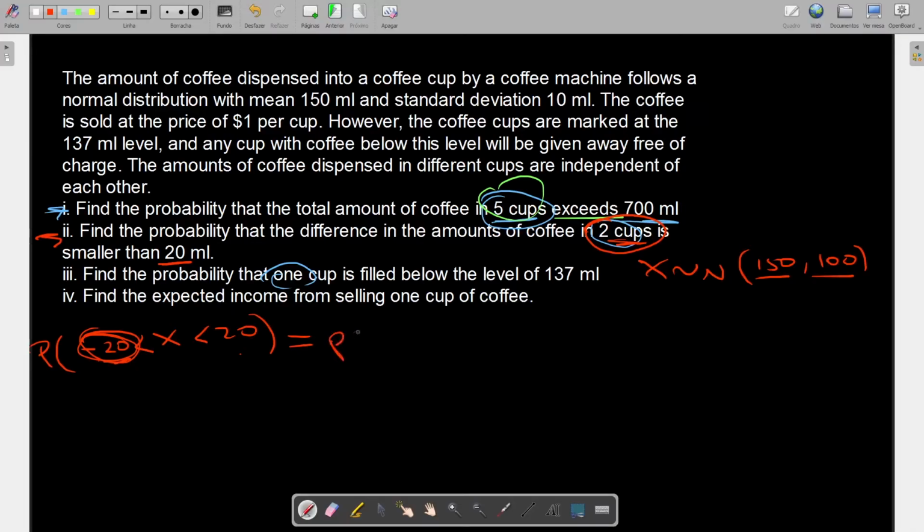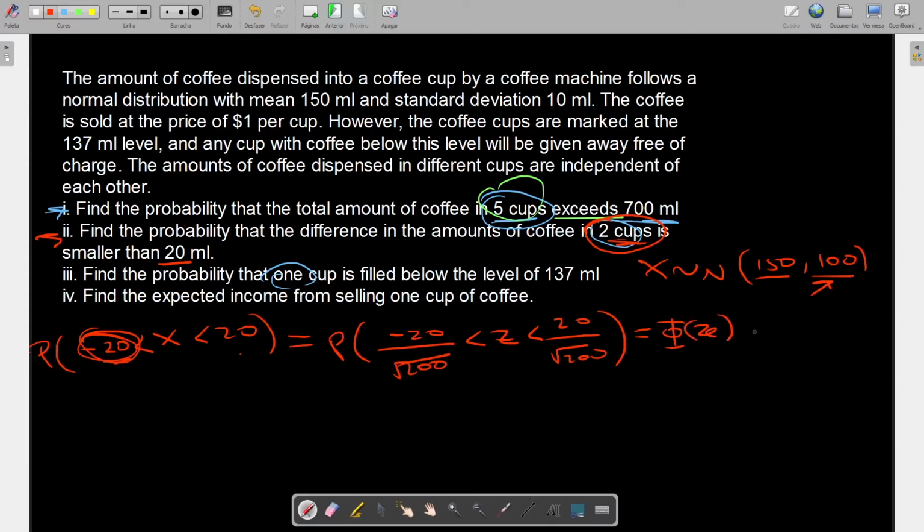So what you do here is the probability, we have Z now, so it's minus 20 divided by 200, because it's 2 cups times 100, so 200. Z, and then the positive version. So by checking the table, this will give you a value. This is the same thing as having this.